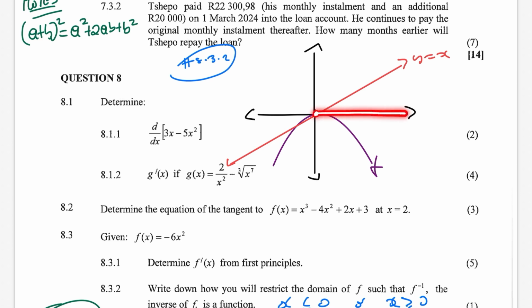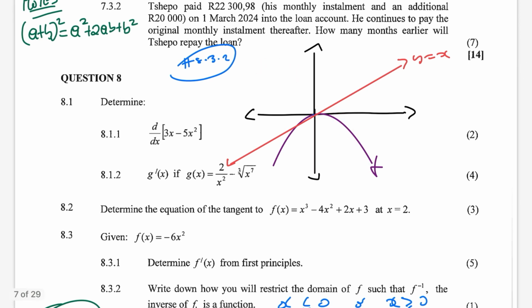Now let's look at that. When x is greater than 0, look at it this way. Now, how do you draw the inverse function of this? Again, the inverse function of this is the mirror image. When you look at the straight line, you mirror. So if this goes this way, therefore this is gonna go that way. Okay, so that's the mirror image.